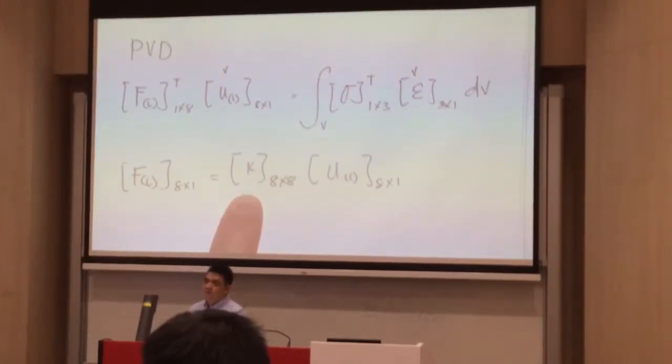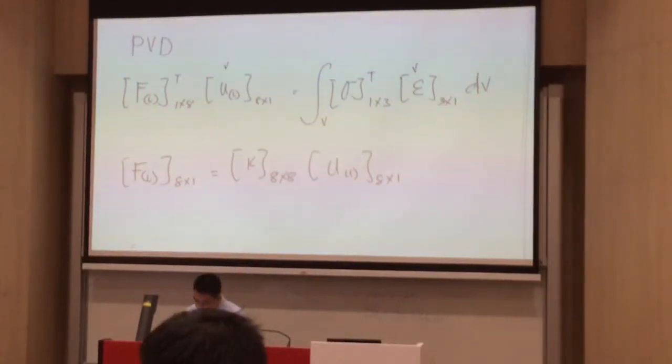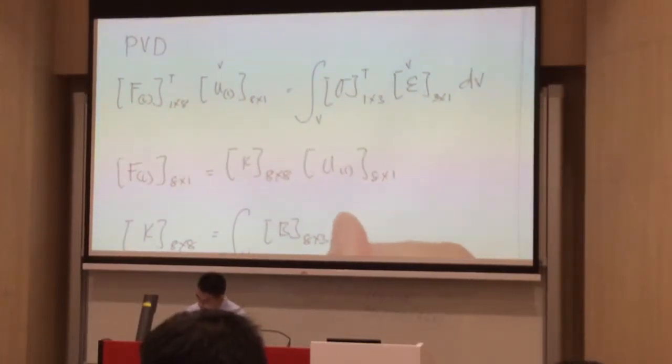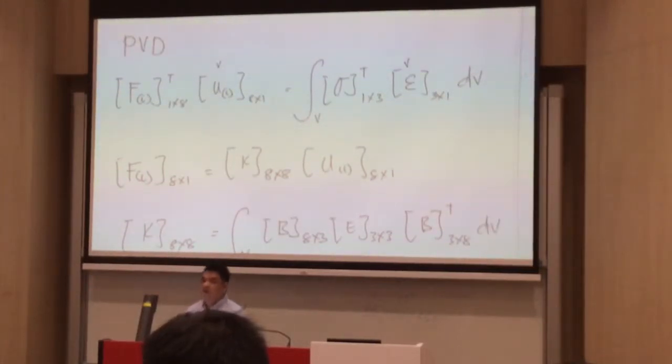So we are expecting, I'm just going to write, this one to be 8 by 8. And then we have this one to be the volume integral of your strain displacement, 3 by 8, dV.